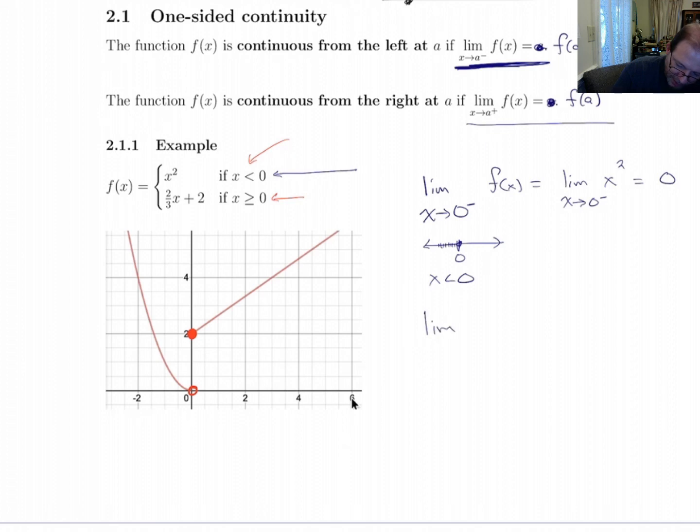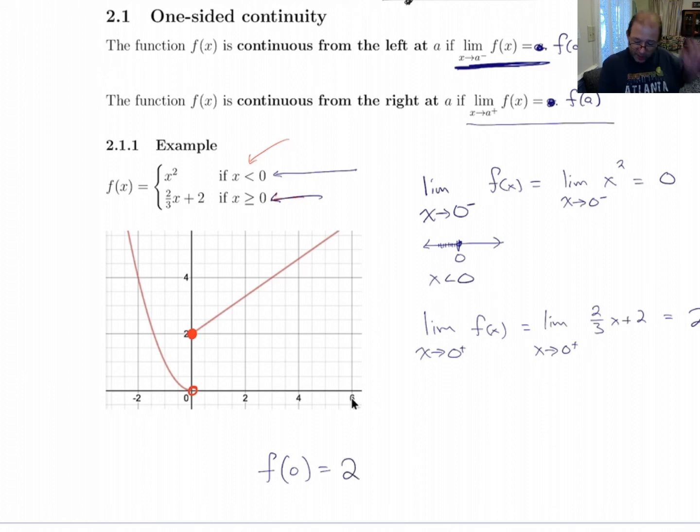If we look at the limit as x goes to 0 from the right of f of x, if we're approaching 0 from the right, then x is positive. So that's going to be this one. Plug in a 0 there, you get 2. Now, what is f of 0? Well, we've already worked that out. It's 2.